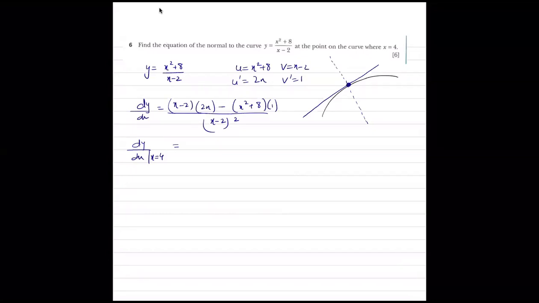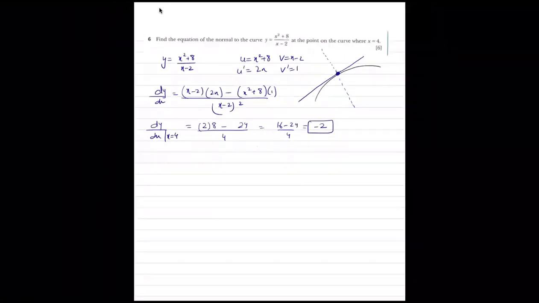Still calculating, sir. Sixteen minus 24 over 4. I'm getting minus 2. So that is the gradient. Gradient is minus 2. So that is the gradient of the curve at x equals 4. So we know that the gradient of the tangent is also going to be minus 2.